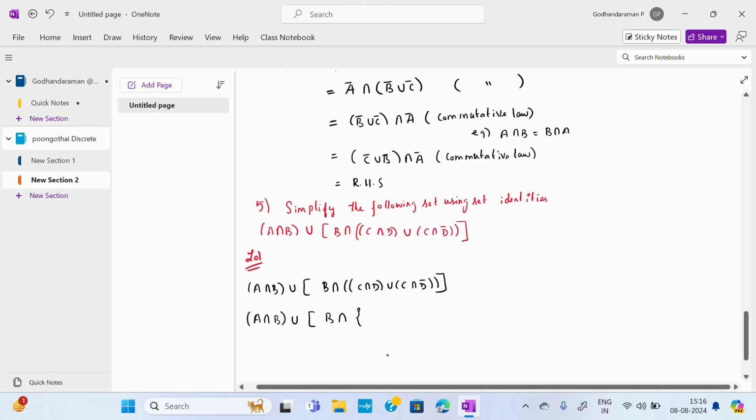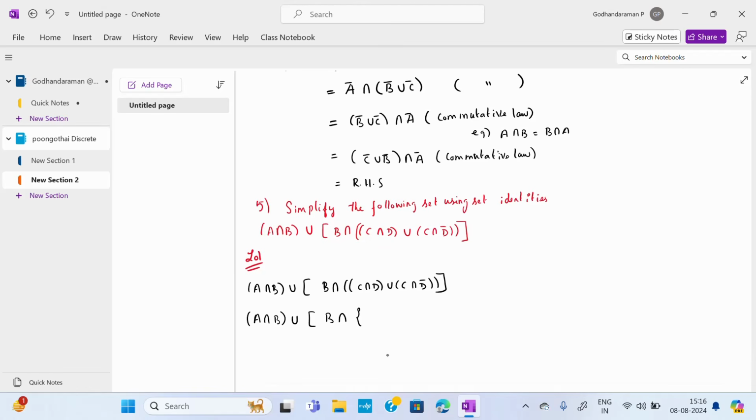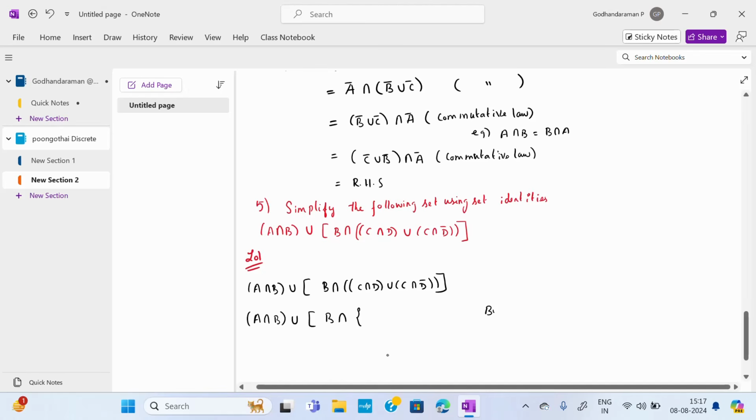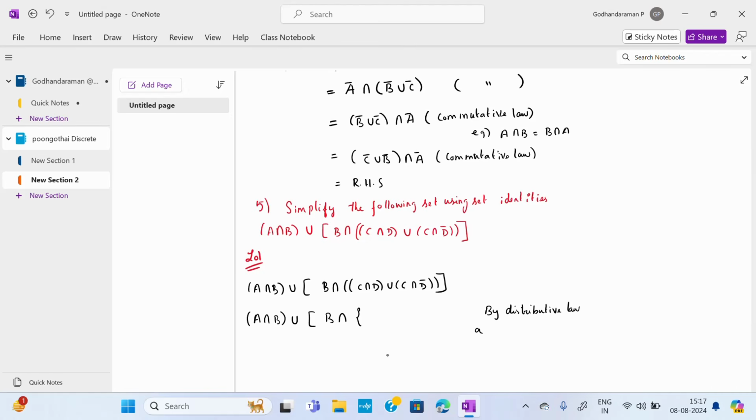Now when I write this distributive law, what is the distributive law? A, I will write it in a small letter; the same way we are going to write it in a capital letter.